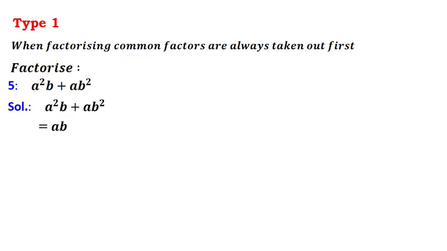After taking ab common, from a square, as I have taken a common, a is remaining, and as I have taken b common, nothing remains in place of b. So inside the bracket I have a, and from the second term, in place of b square I have b remaining. So ab into a plus b is the factorization of a square b plus ab square.